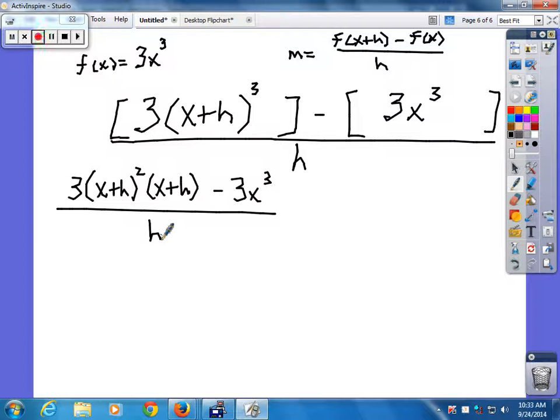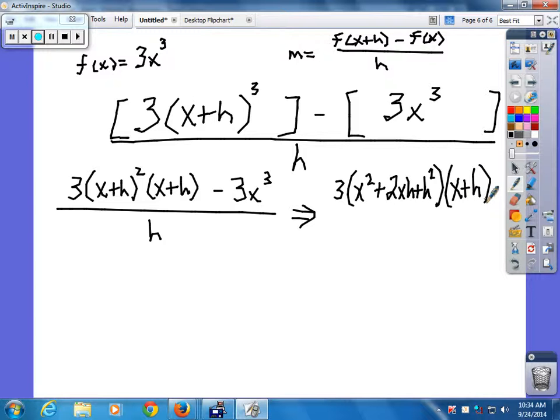Now you need to do this, and then distribute this. Times x squared plus 2xh plus h squared times x plus h minus 3x cubed all over h.